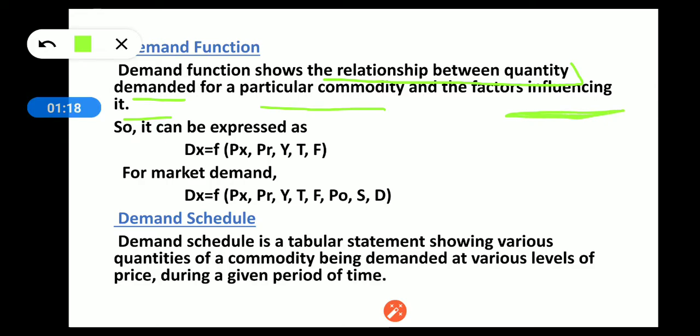So all the factors that we discussed on which demand depends are the functional variables. These are variables like price of related goods, taste and preference. All these are the variables on which demand is dependent. So there is a functional relationship. So demand function means the functional relationship between demand and the factors which affect the demand.